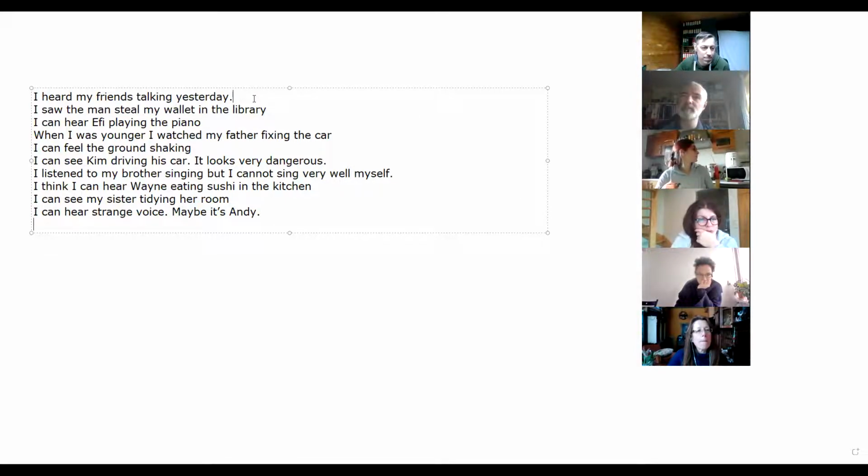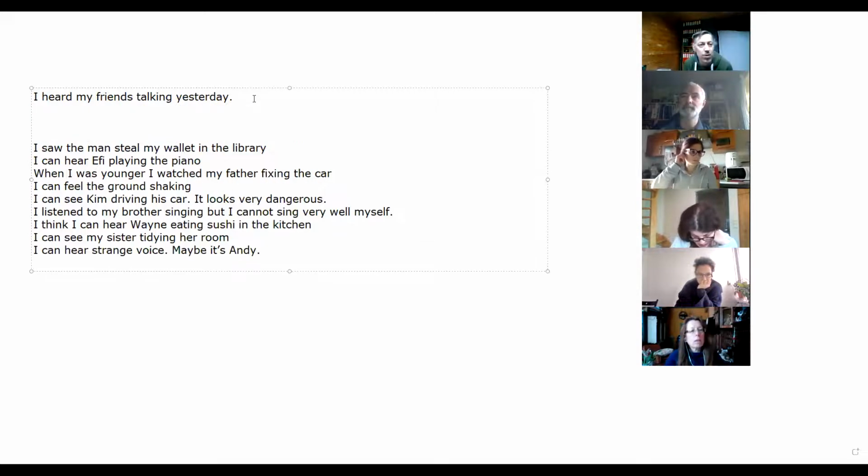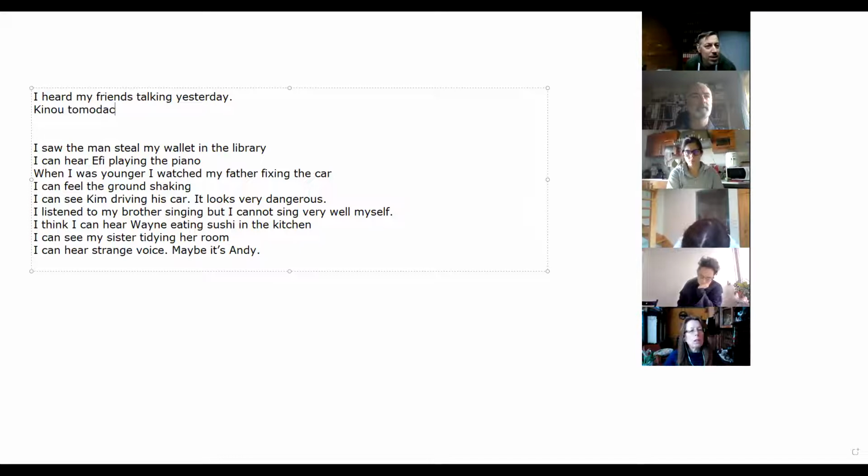I heard my friends talking yesterday. Kino tomodachi. Good. And then we say o. Tomodachi. They're talking together, so to then? This is my friends talking to each other. Does to work?